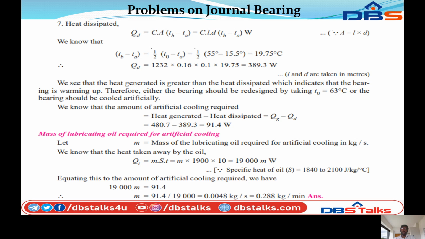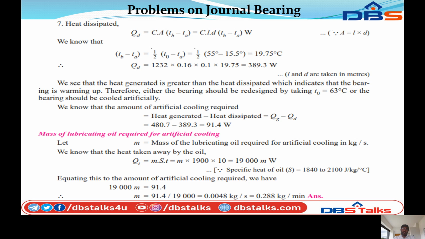Therefore Qd is equal to 1232 into 0.16 into 0.1 into 19.75. So finally we calculate the value Qd is equal to 389.3 watts, since L and D are taken in meters.